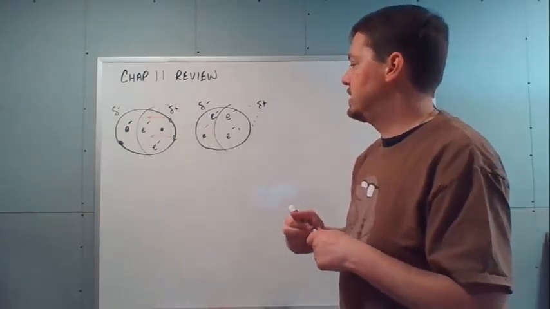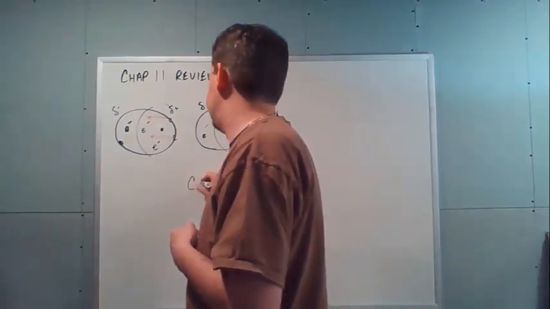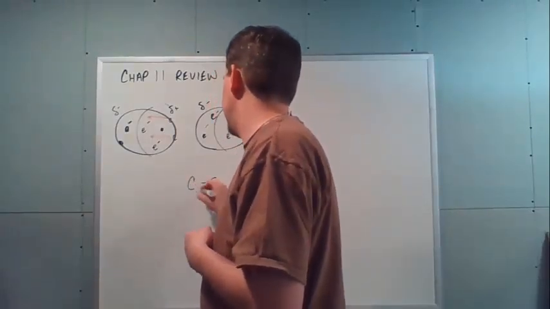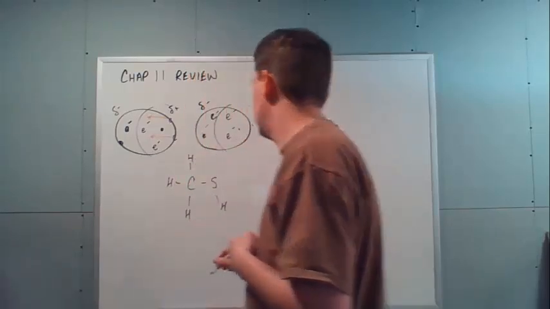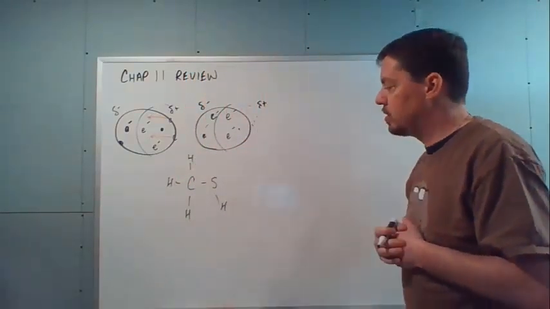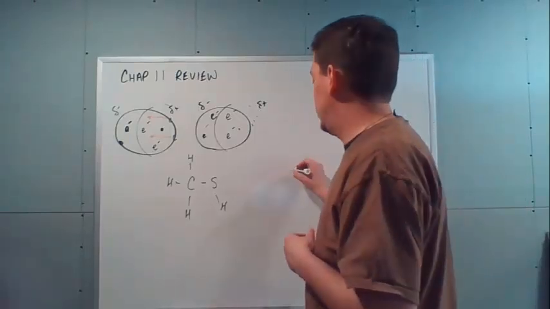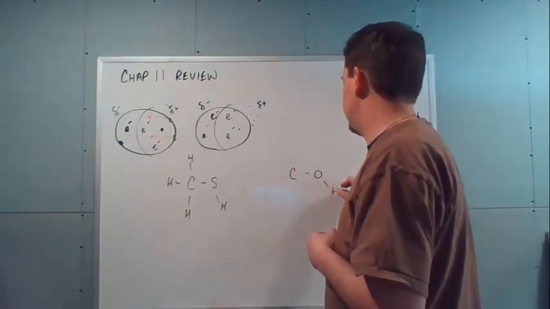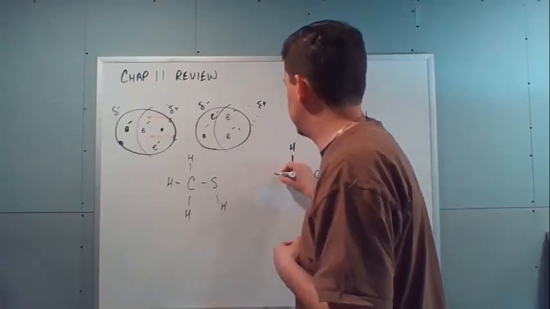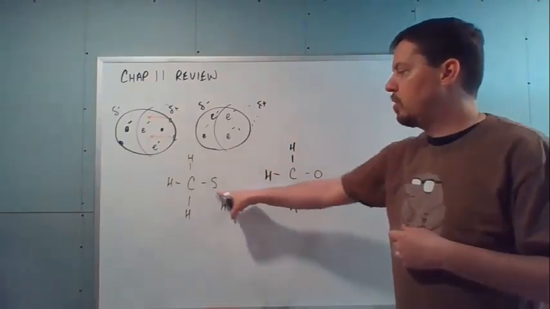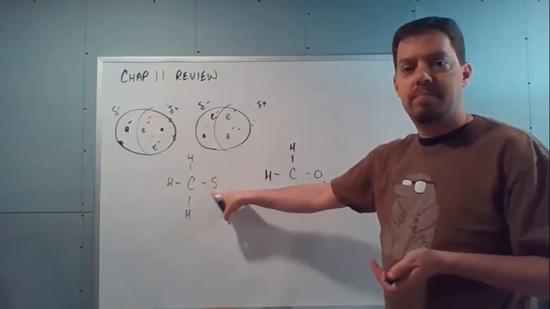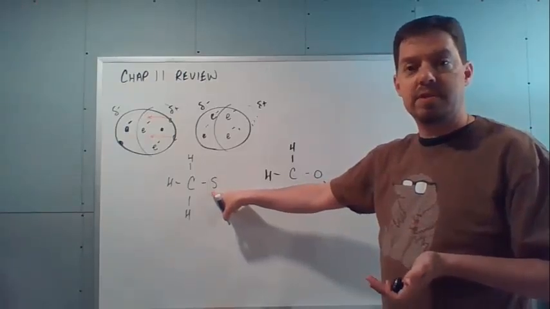So for instance, if you have something like this, where you have sulfur and hydrogen, that is going to have greater dispersion forces than this will. Because the sulfur is bigger, it's going to create stronger dispersion forces, right?